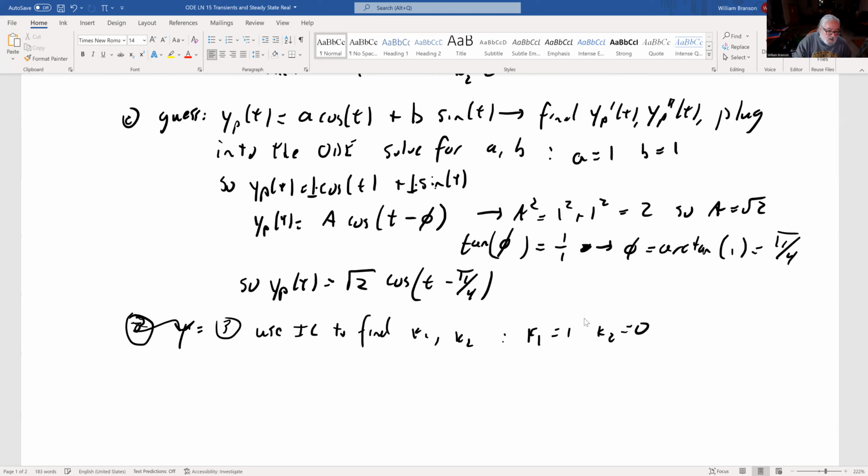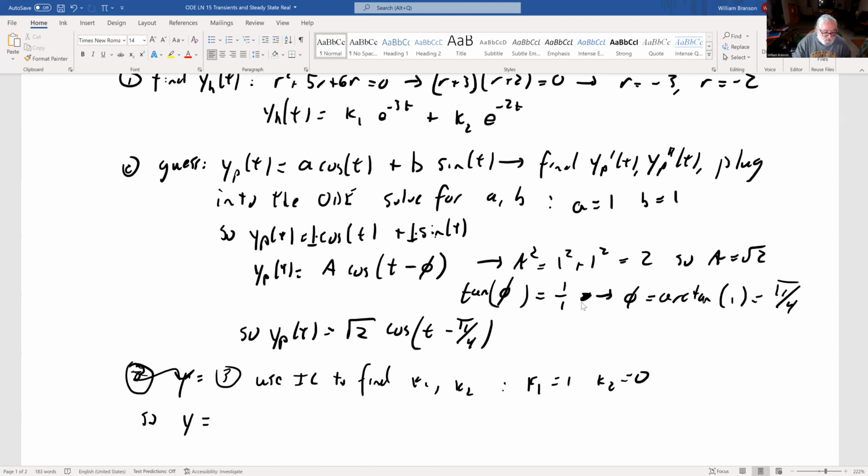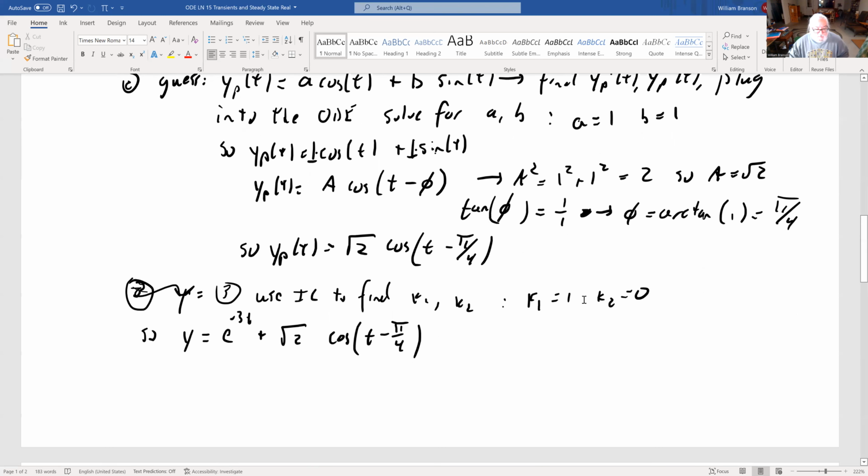So now to graph it, what is y? y is, with k1 equals 1, e to the minus 3t plus square root of 2 cosine of t minus pi over 4. So what does the graph of that look like?